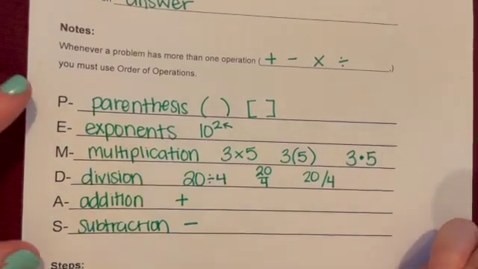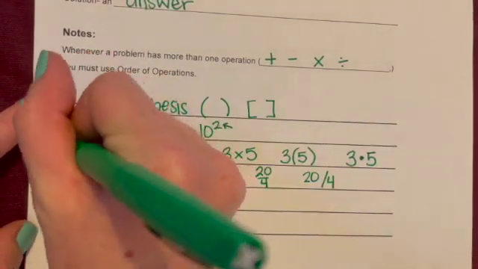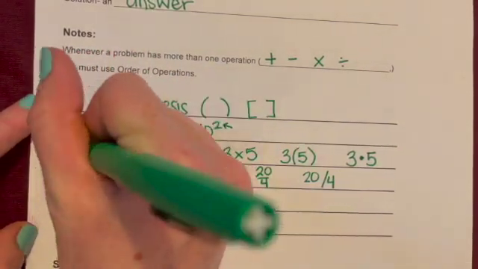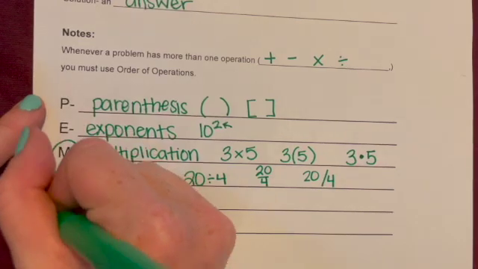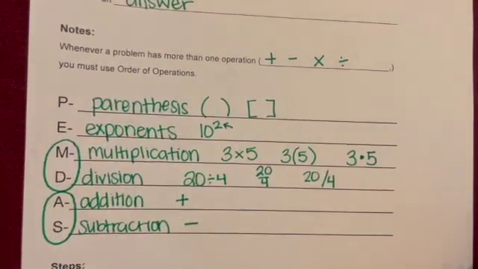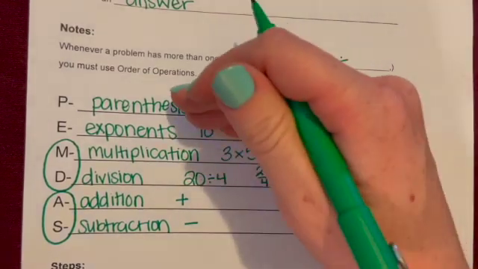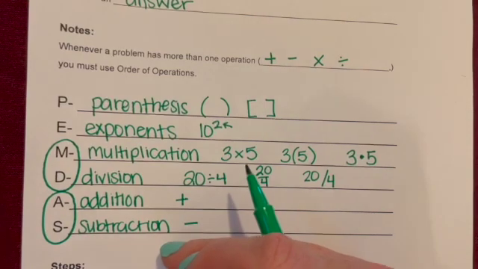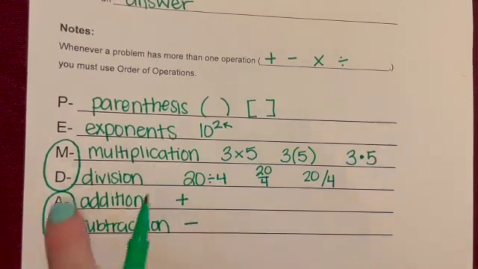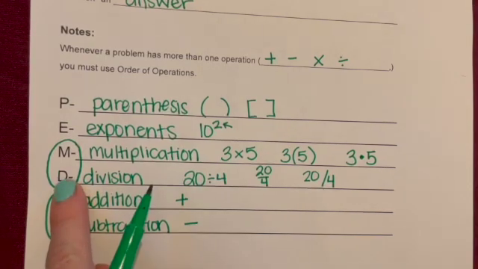When you practice your math facts, you might notice that multiplication and division are always together, and addition and subtraction, they go together. Same in PEMDAS. So when you come up with a problem that has more than one operation, you might not have every single thing listed in PEMDAS. You might have 2 multiplication signs and a division sign.